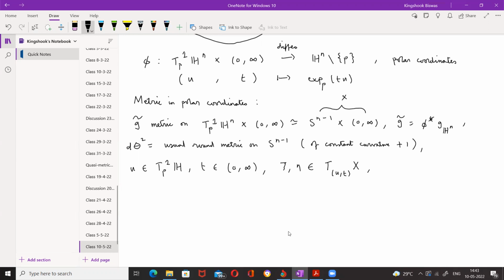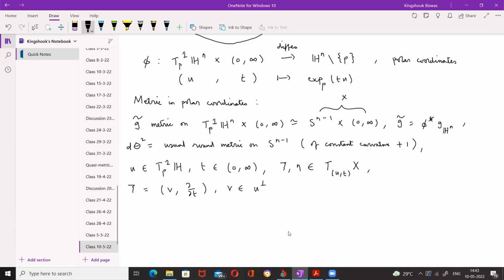And let me take a tangent vector. So xi is of the form v comma del t, where v belongs to u perp.